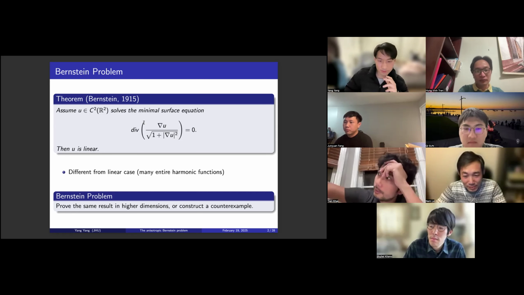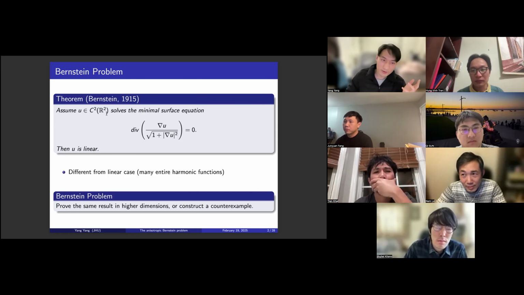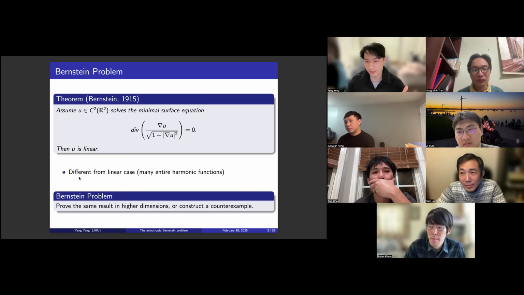The so-called Bernstein problem asks if we can replace this R^2 by R^n. So does this Bernstein theorem hold not just in two dimensions but in all dimensions, or if it fails, can one construct some counterexamples?